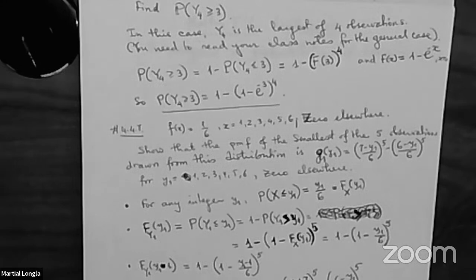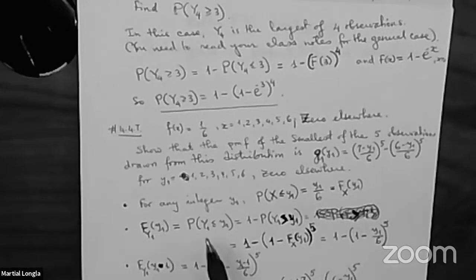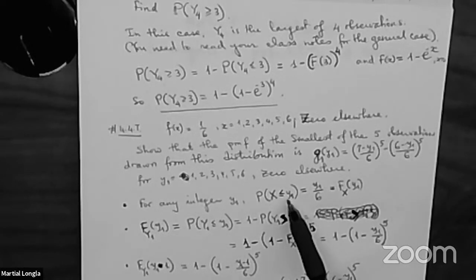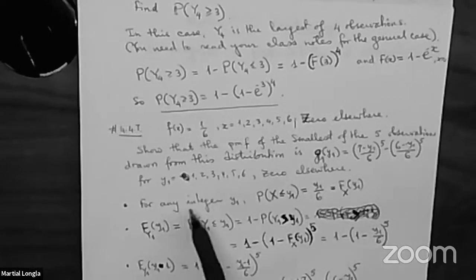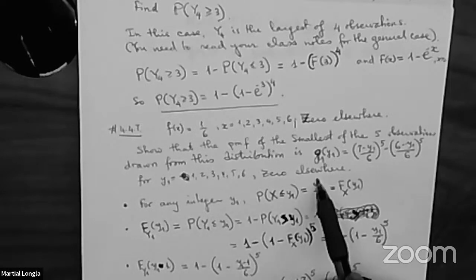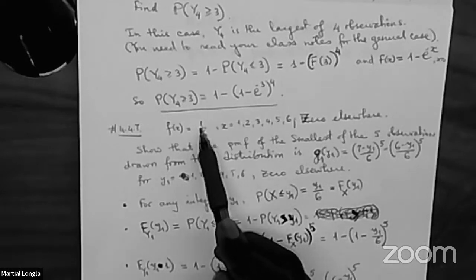Okay, and remember that the question is about order statistics. So, you know, for every integer y1, the probability that x is less than or equal to y1 — it's important that I choose an integer, otherwise I won't be able to write this formula. Because the density is this.